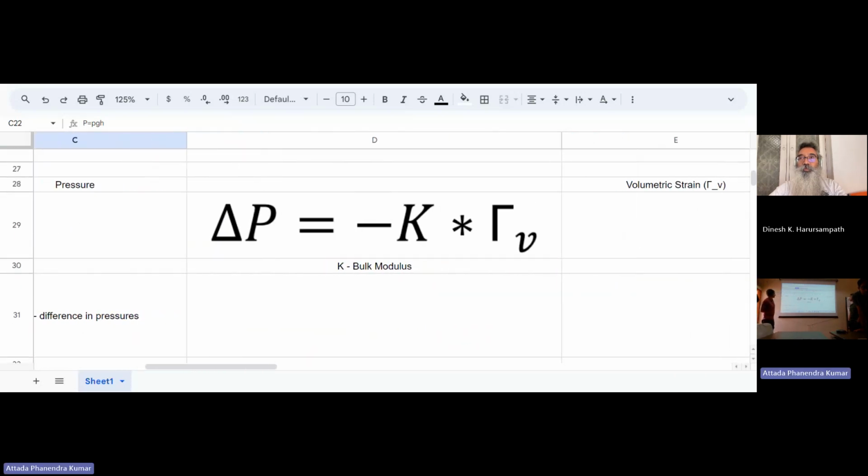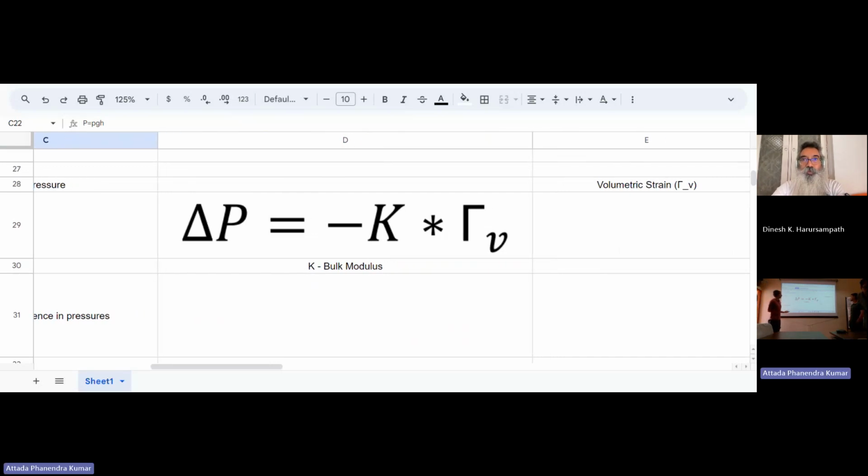Then we can relate pressure to volumetric strain using the bulk modulus and difference in pressures. So the difference in pressures is the bulk modulus multiplied by the volumetric strain, being negative. So if the volumetric strain is negative, we have a contraction.